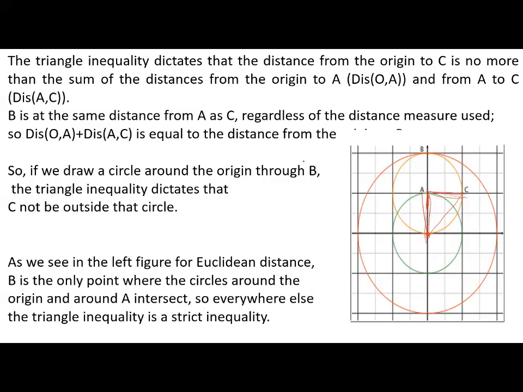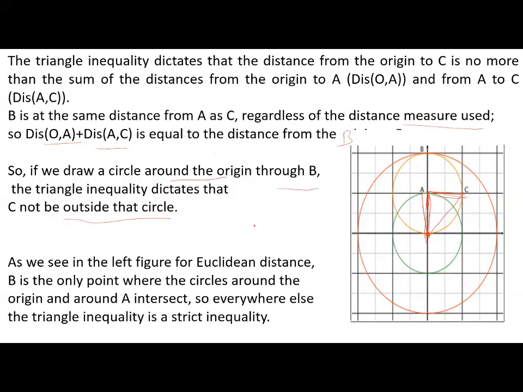B is at the same distance from A as C, regardless of the distance measure used, so the distance of the origin to A plus the distance of A to C is equal to the distance to B. So if we draw a circle around the origin through B, the triangle inequality dictates C cannot be outside the circle.